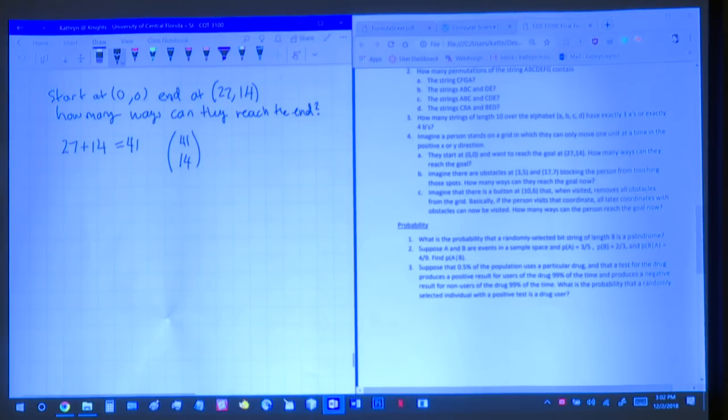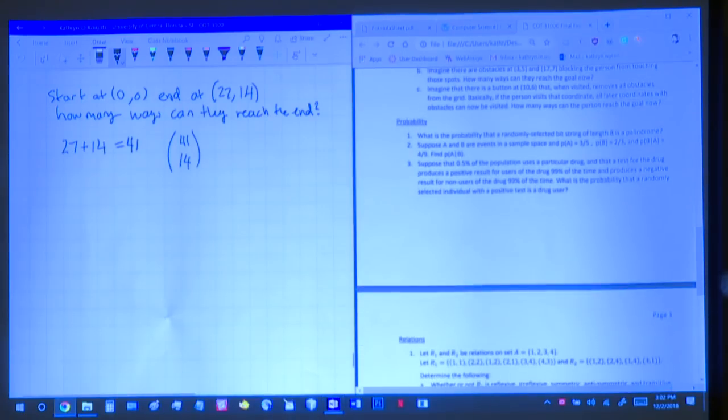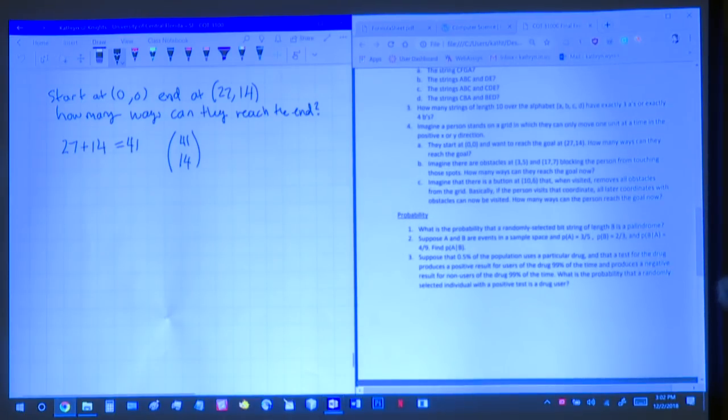Okay. So the second part, he has obstacles at 3, 5, and 17, 7. So he can't go to either of these spaces.